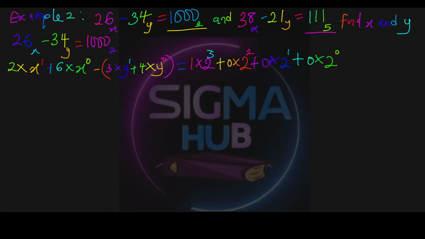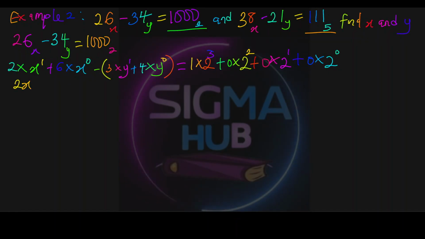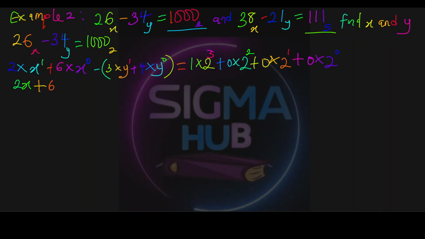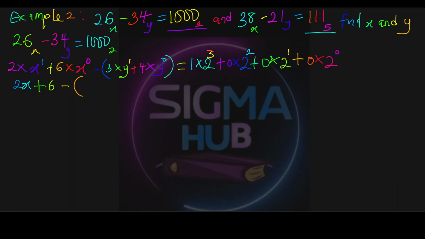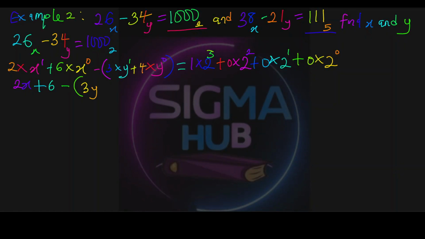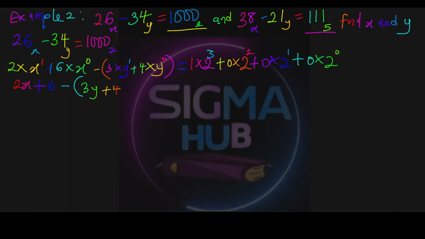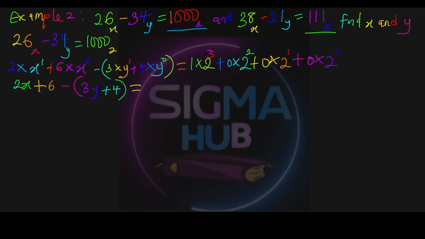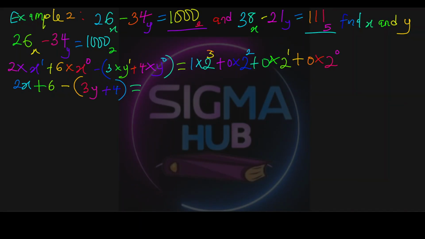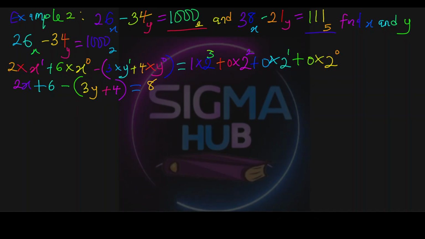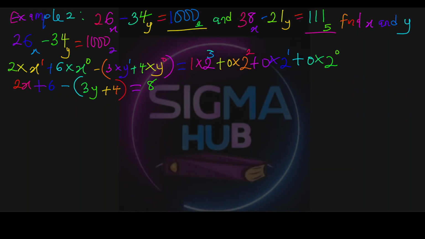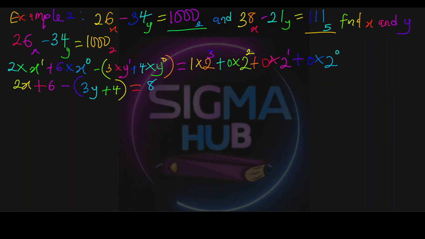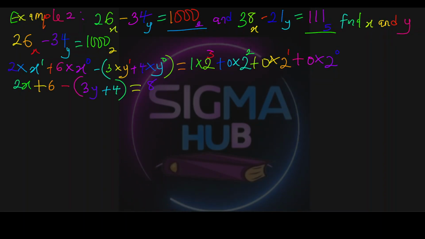Of course, we have 2x plus 6, minus 3y plus 4, close your bracket, equal to 2 raised to the power of 3, which is 8. 8 times 1 equal to 8. All others will give you 0, because 0 multiplied by any other number will be 0.